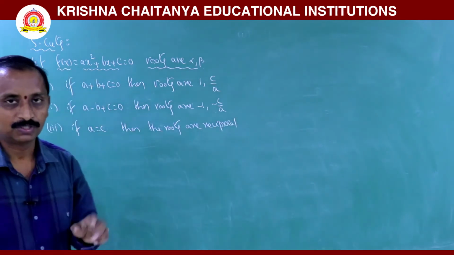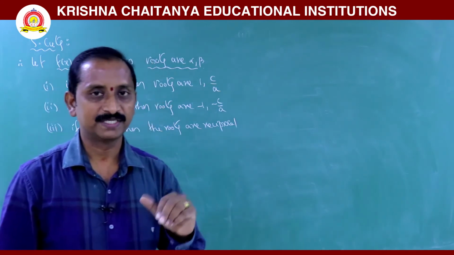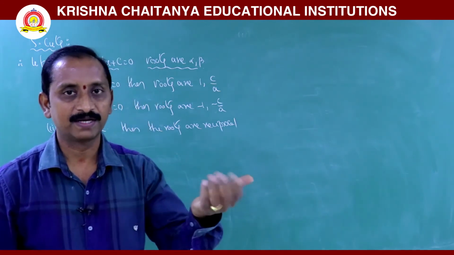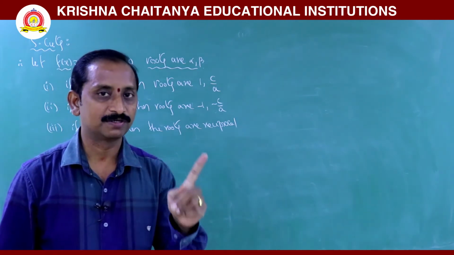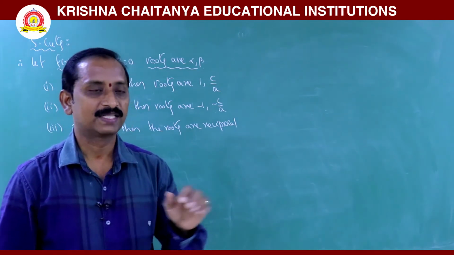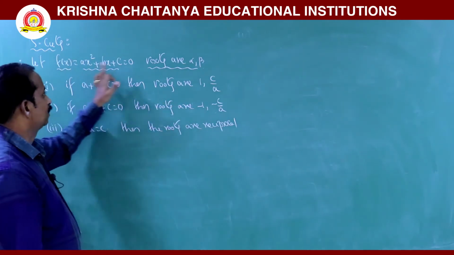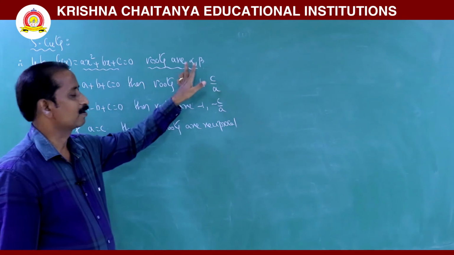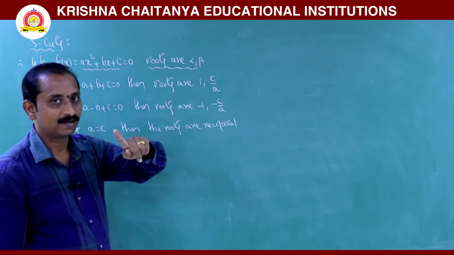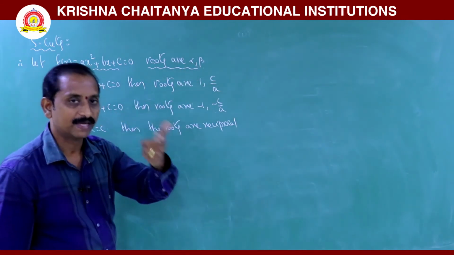Reciprocal means for two numbers, we said that the reciprocal product value should be 1. So for number x, its reciprocal should be 1 by x. For this polynomial, roots are alpha and beta. Using this condition, the required roots are one is alpha, another root is 1 by alpha.